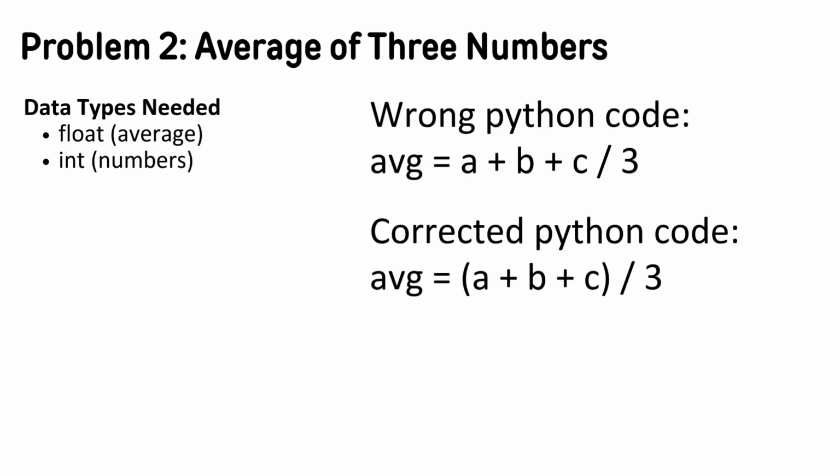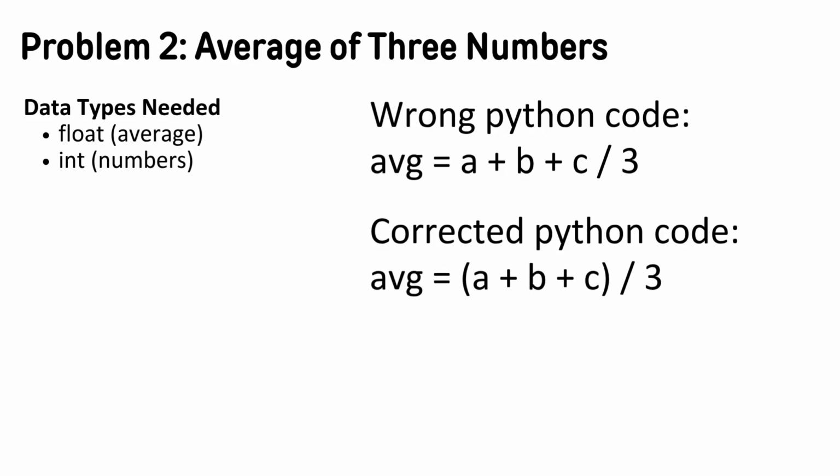Here, since we have three numbers, we need three variables a, b, and c. a, b, c are integer numbers. There is no problem, but the average can be a floating point number. That's why we have to choose average as a float number and numbers a, b, c as integer numbers.